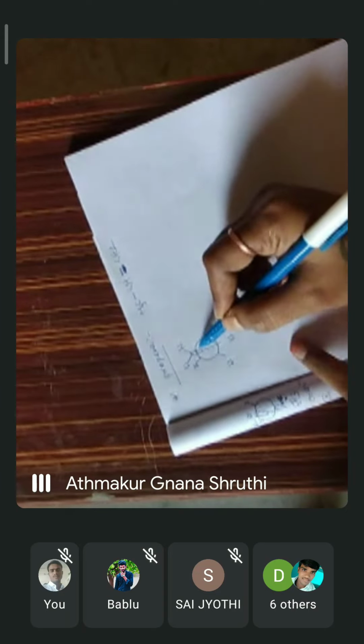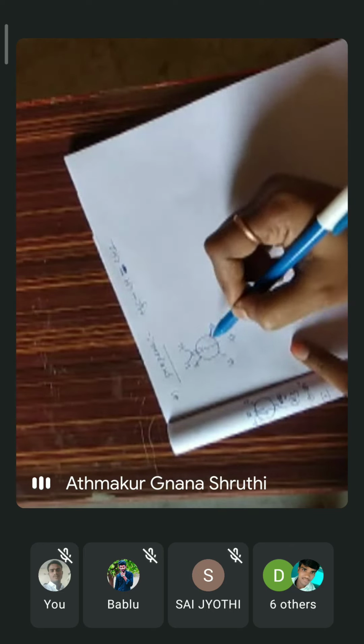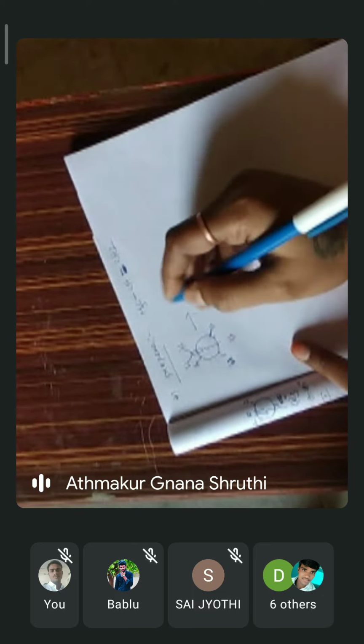Only we have eclipsing with the carbonyl compound only. Why? Because we don't have two substituents, only one substituent. So this hydrogen and this hydrogen are placed here only. Now this is the eclipsed form. Then after, the gauche structure.